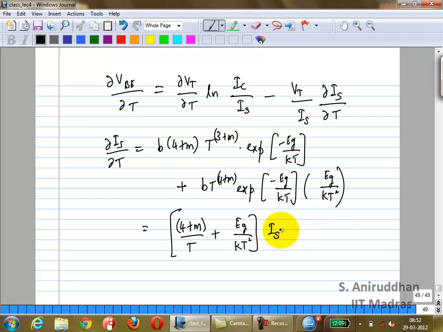So this just happens to be (4 plus m by T plus Eg by kT squared) times IS. Actually, let's stop here.